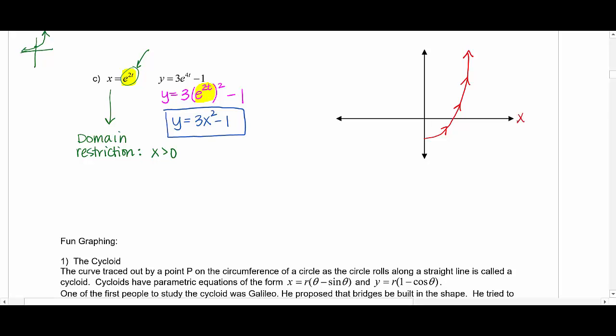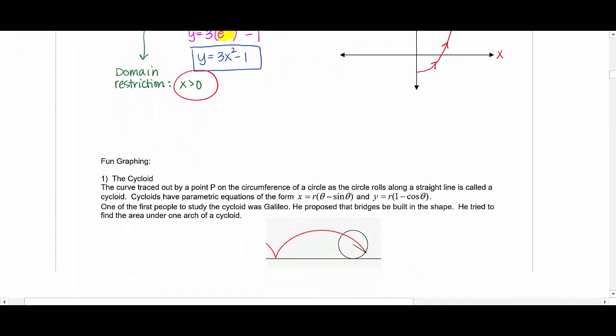And again, this is me graphing this on a regular Cartesian plane, but it is important to note that even though you're graphing this parabola, you do have a domain restriction. And also if you graph this in your parametric mode in your calculator, you will see only half of that parabola, just like I have there.